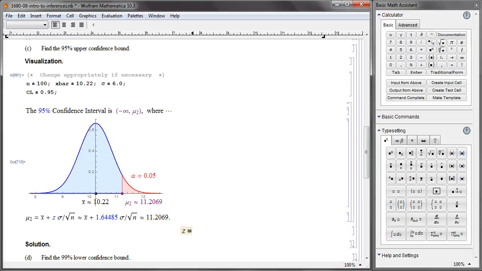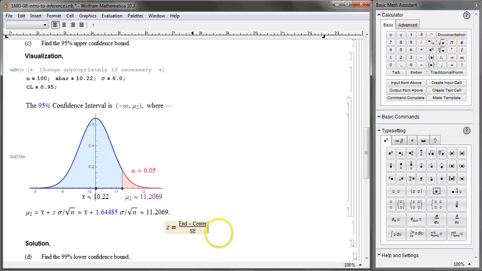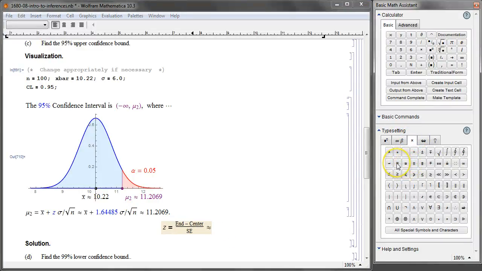In short, this is what you have to do. The z-score is end minus center over standard error, and that's approximately, in this case, end minus 10.22 over 0.6, since 0.6 is the standard error.